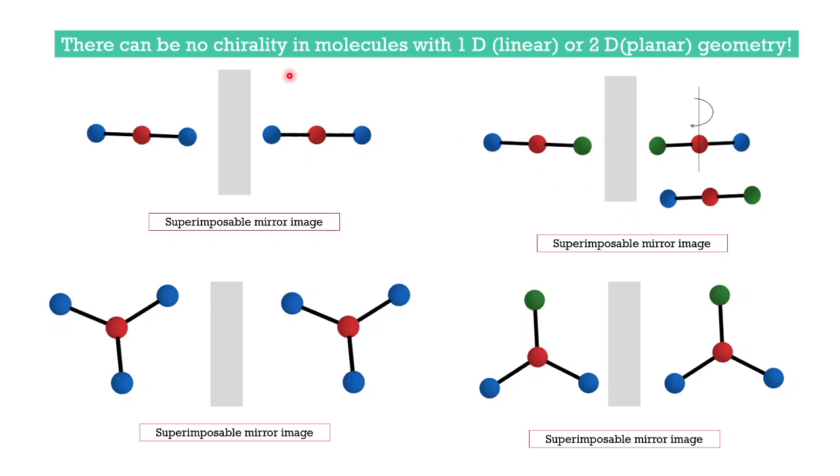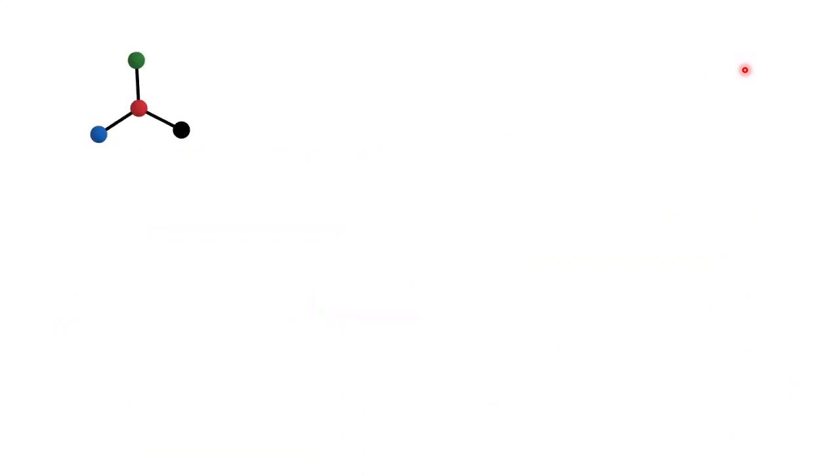So what I am proposing is that there can be no chirality in 1D and 2D geometry. Let's take more examples. What if all the three attachments of a trigonal planar molecule were different? Then you take a mirror image and you get something like this. So you might get confused if you think of a rotation like this.